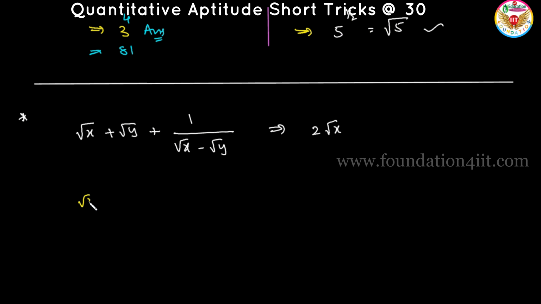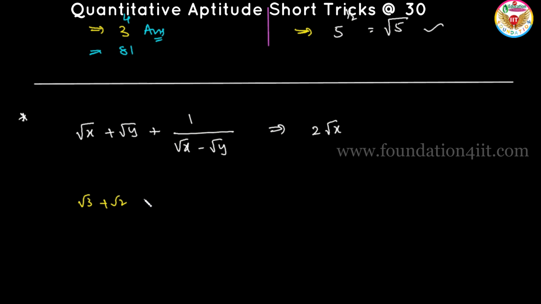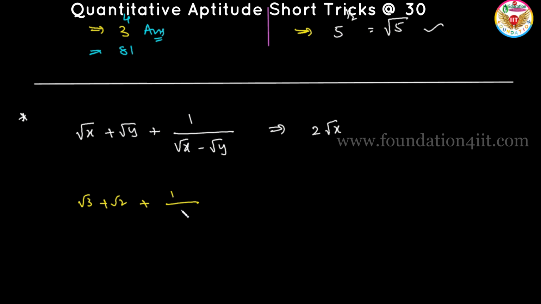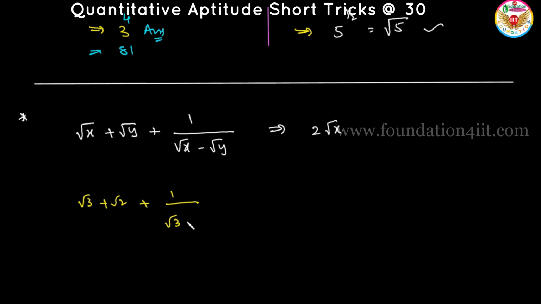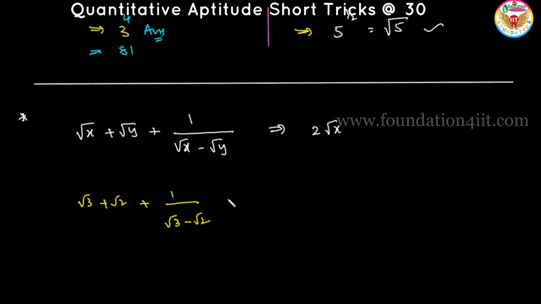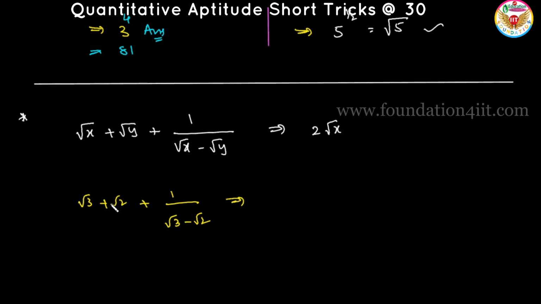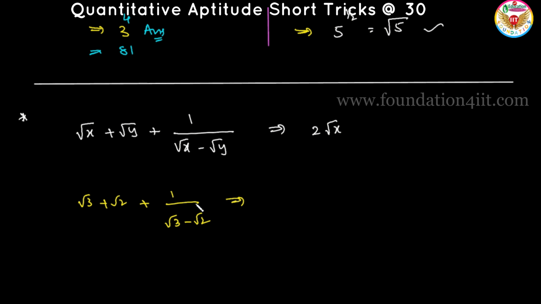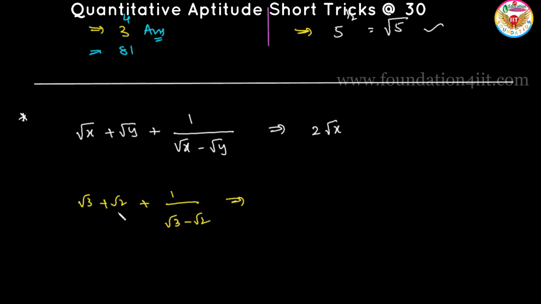So for example, root 3 plus root 2 plus 1 by root 3 minus root 2. Instead of rationalizing the denominator, which is lengthy, since we have to rationalize the denominator and simplify, you can just take x and y.